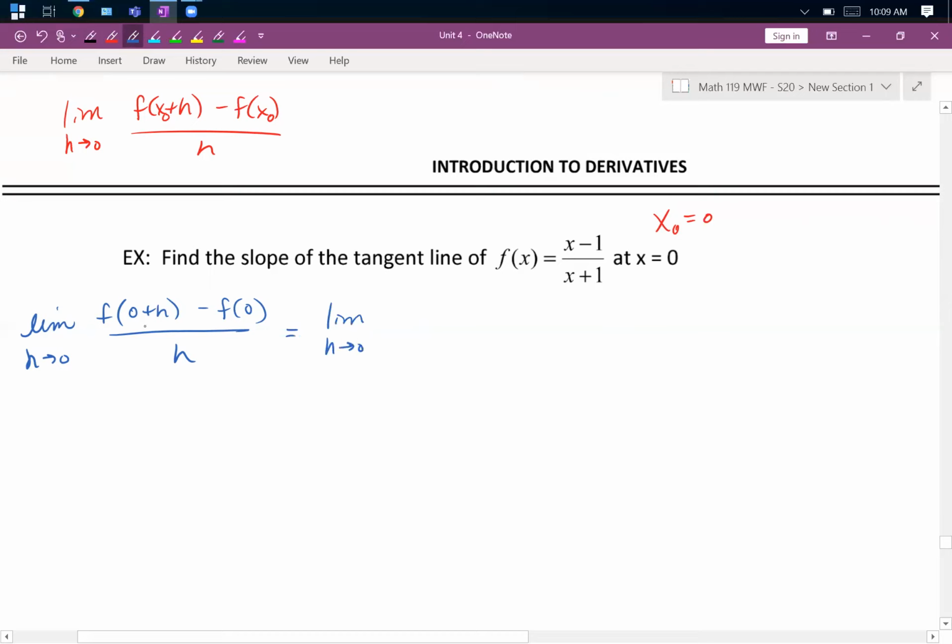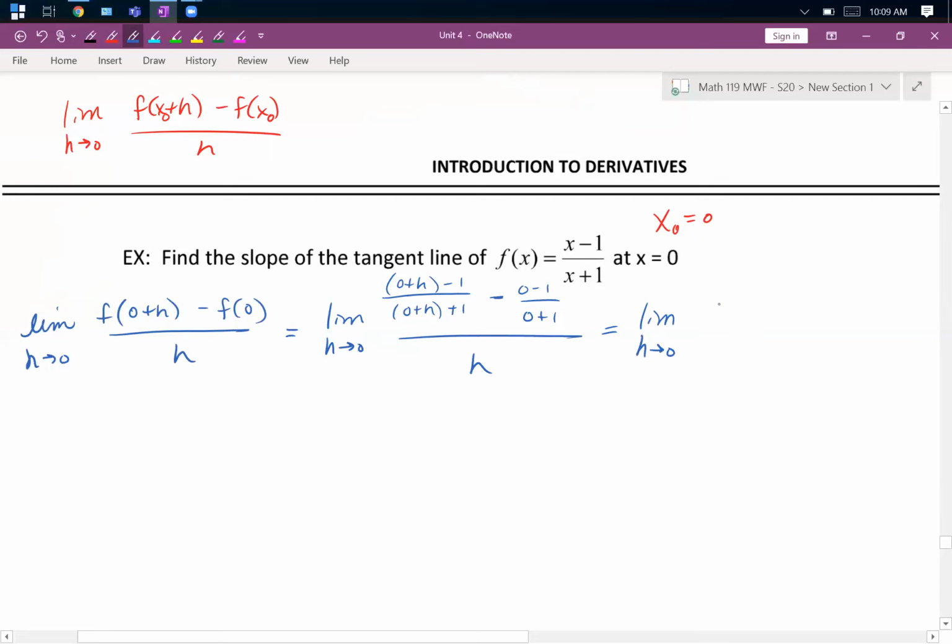f of 0 plus h, well, that's going to be 0 plus h minus 1 over 0 plus h plus 1. Then minus our original function evaluated at 0, all over h. And then we start cleaning it up.